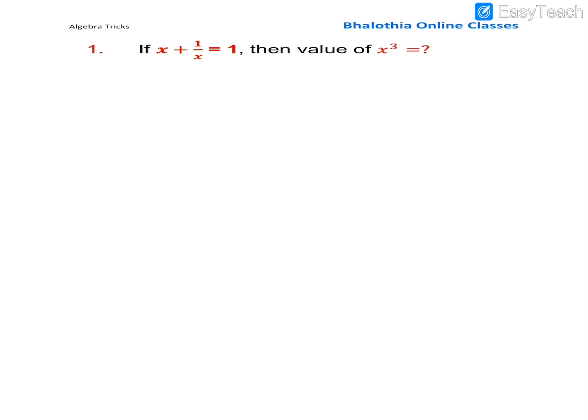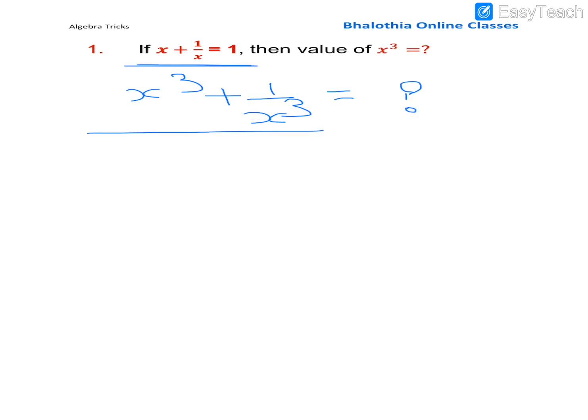There is one formula: if x plus 1 upon x is given and we have to find x power 3 plus 1 upon x power 3, then we use this formula, because here we have to find x raised to the power 3.